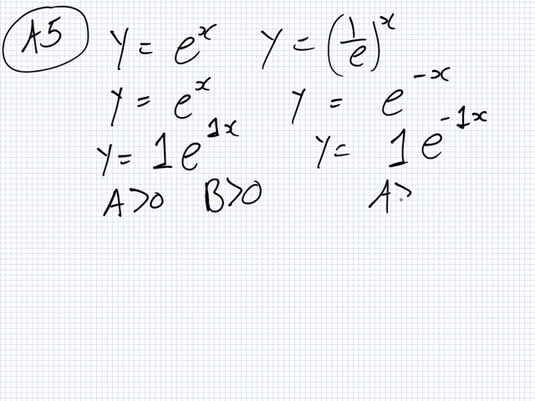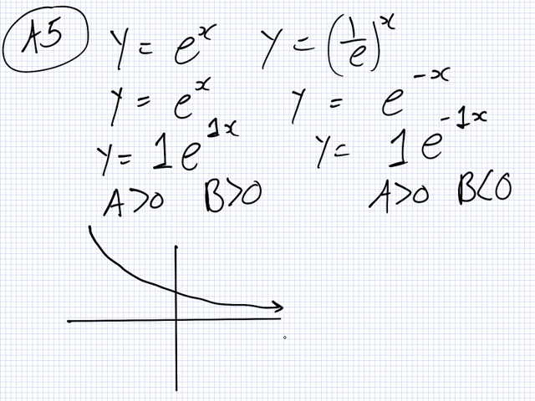And this one here, the a is positive and the b is negative. They meet at 0, 1. This one here goes down and crosses here at 0, 1. And then the other one goes up and also crosses at 0, 1.